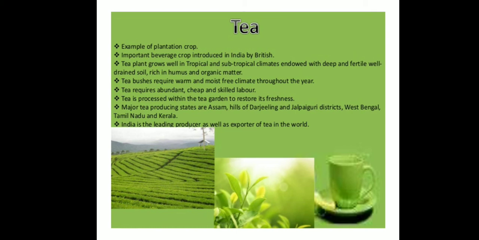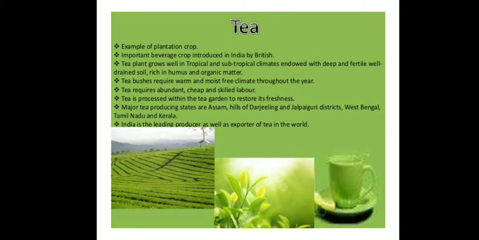That means the soil must be rich in humus and organic matter. Tea bushes require a warm and frost-free climate throughout the year. That means the climate should be warm and it should not be frosty. It should be frost-free throughout the year. Otherwise, the crop will get destroyed.